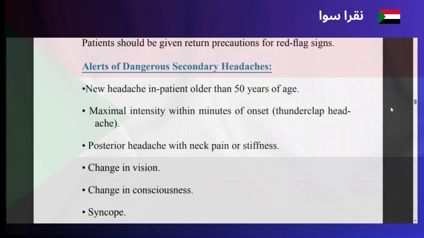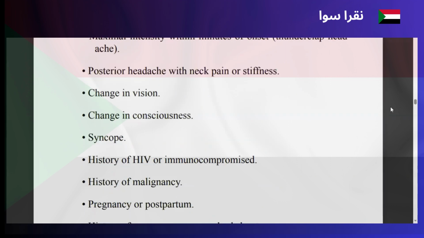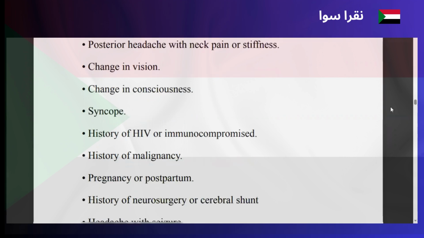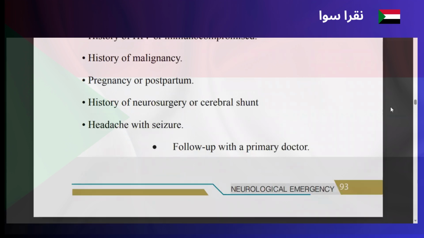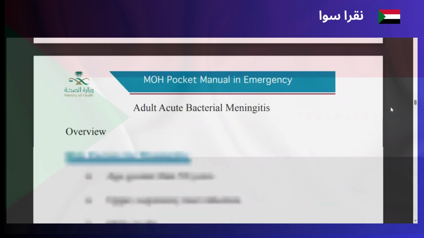New headache in a patient older than 50 years of age, maximal intensity within minutes of onset, posterior headache with neck pain or stiffness, change in vision and consciousness, syncope, history of HIV or immunocompromised, history of malignancy, history of neurologic or cerebral shunt, pregnancy or postpartum, headache with seizure. Follow up with the primary doctor.